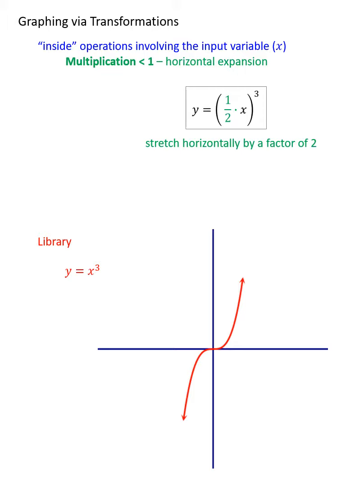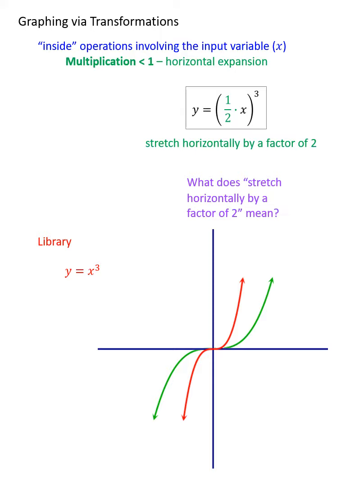If you're wondering why multiplying by a number less than 1 causes a stretching, if that seems counterintuitive to you, it is counterintuitive, but it is the scientific reality of these graphs. So the ultimate graph would look like this, as you see here in the coordinate axes.